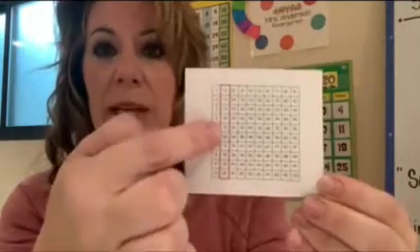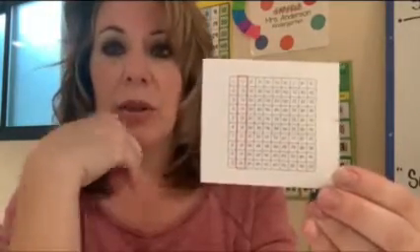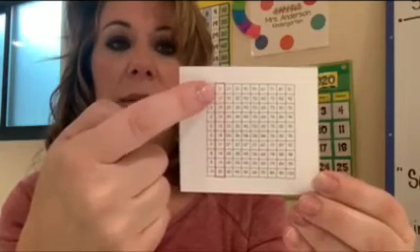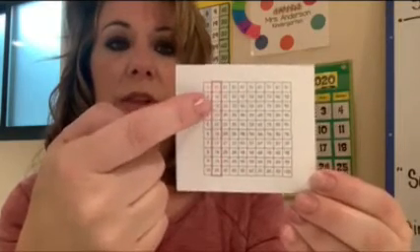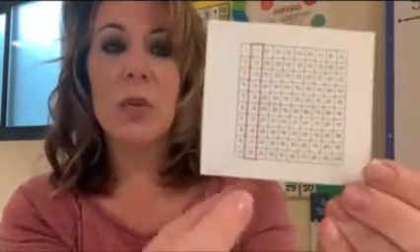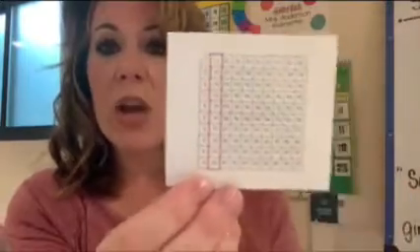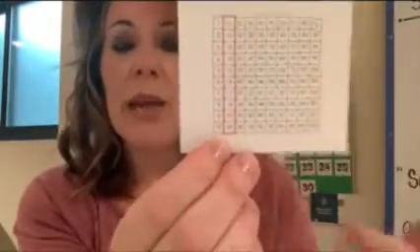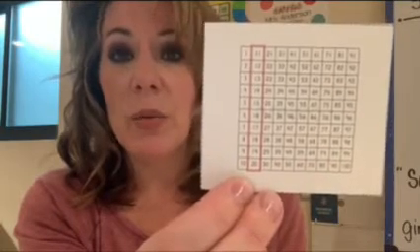So they have put a rectangle around 11, 12, 13, 14, 15, 16, 17, 18, 19, 20. They have put a rectangle down the column of our teen words or our teen numbers. Okay, good.